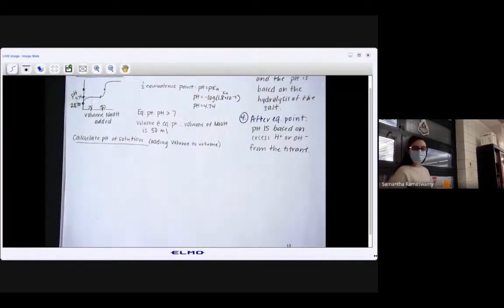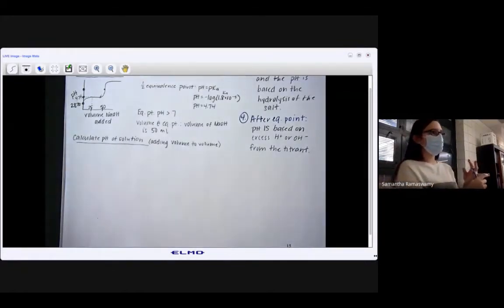When you are adding volume to volume and you have an acid and a base reacting, we need to go through those 3 steps. We're diluting the concentrations, we look at the stoichiometry involved, and we look at equilibrium.